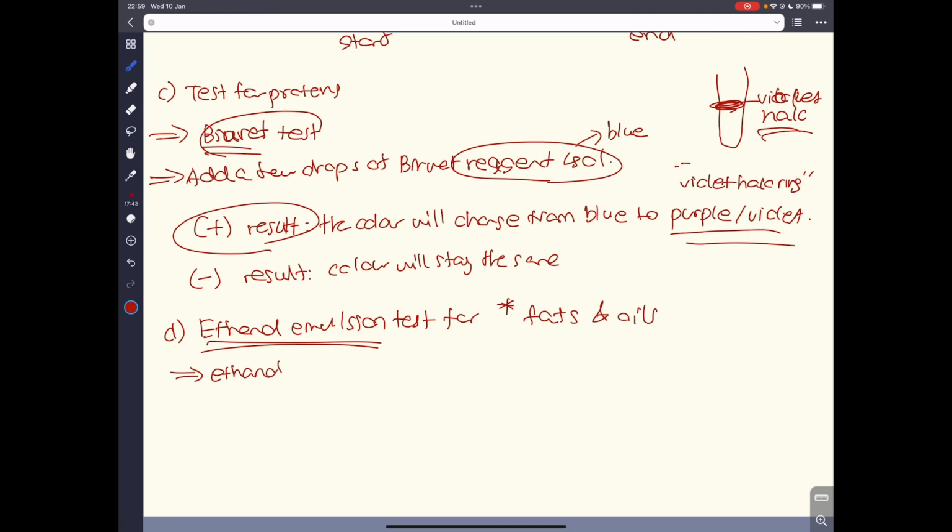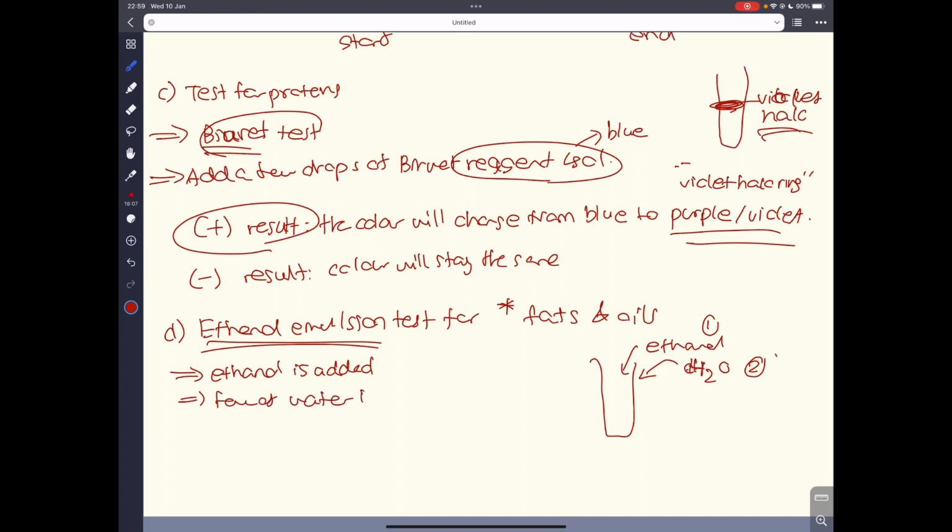We add a few drops of ethanol. Then we add a few drops of water, H2O. So a few drops of ethanol is added, and a few drops of water is added.